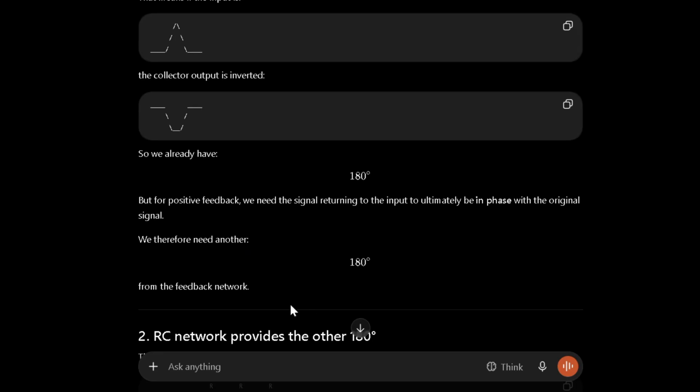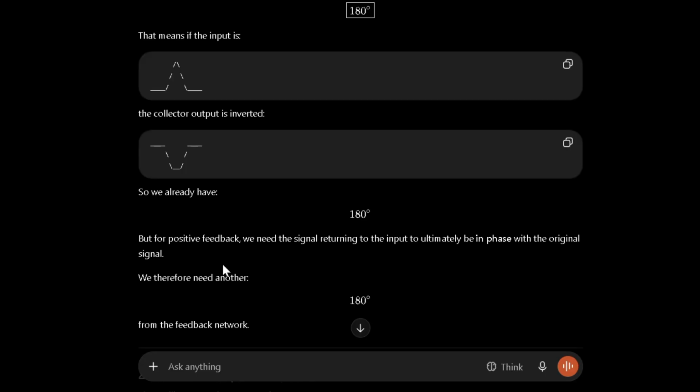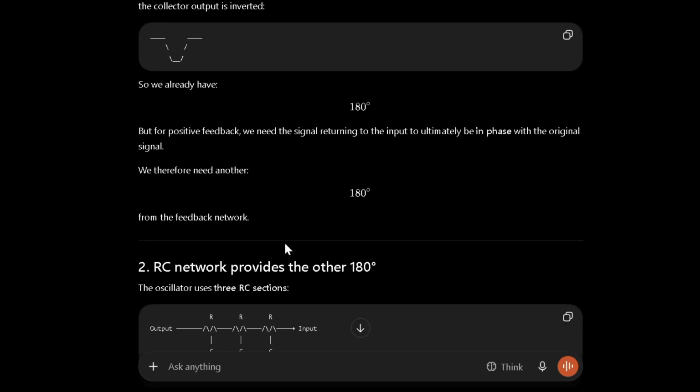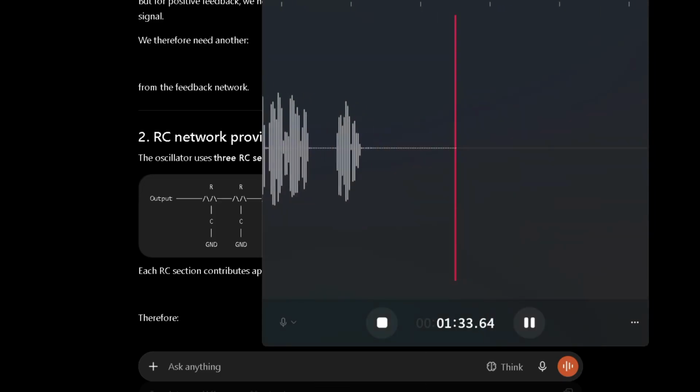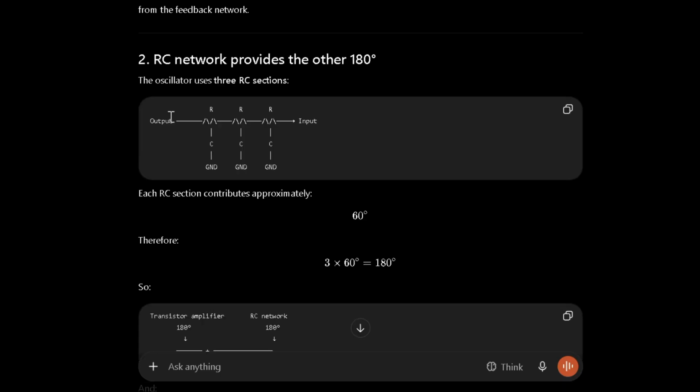The RC network, this is the output, and it should be kept on the input side. The RC network provides the other 180. The oscillator uses three RC sections: capacitor to ground, capacitor to ground, from output to input. The RC network provides the other 180 degrees.